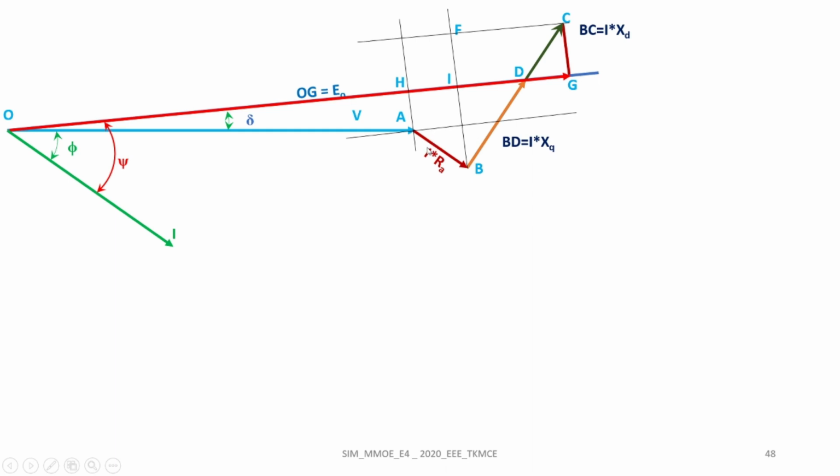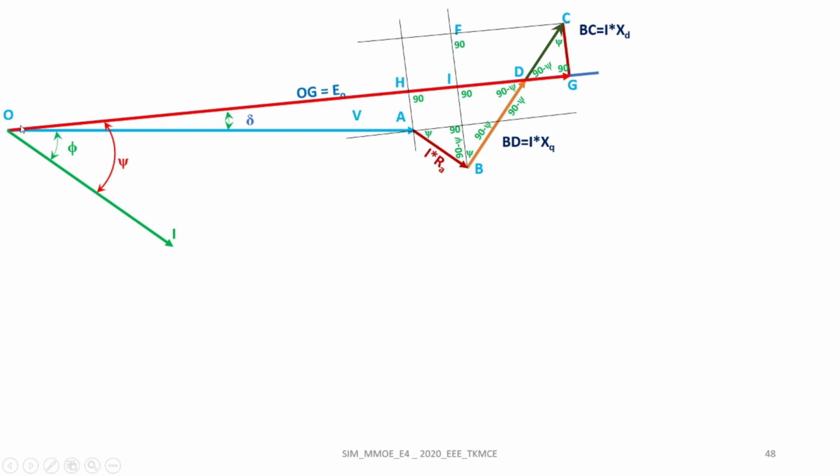If this angle is psi and this angle is already 90 degrees, this angle is 90 minus psi. Therefore this angle is also 90 minus psi. This total angle is 90 degrees. Therefore angle DCG is psi.